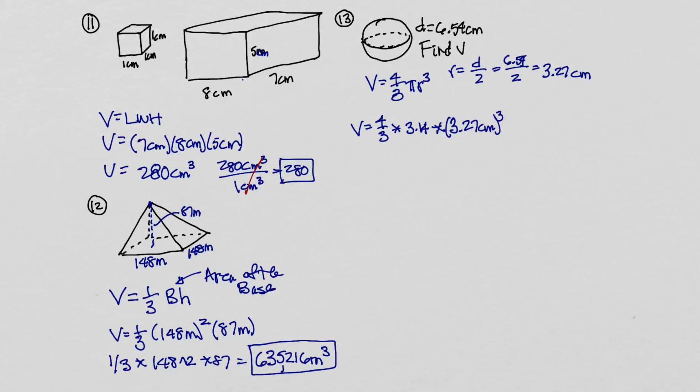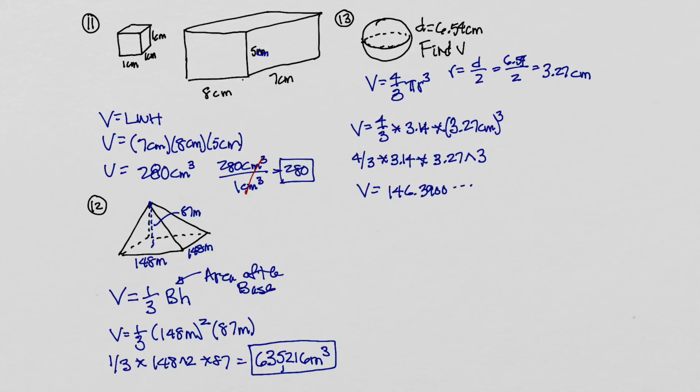So I'll put it into my calculator just as I see it. I'm going to put in 4 divided by 3 times 3.14 times 3.27 caret 3. And my calculator is showing that the volume is going to be 146.3900, a bunch of numbers out here.